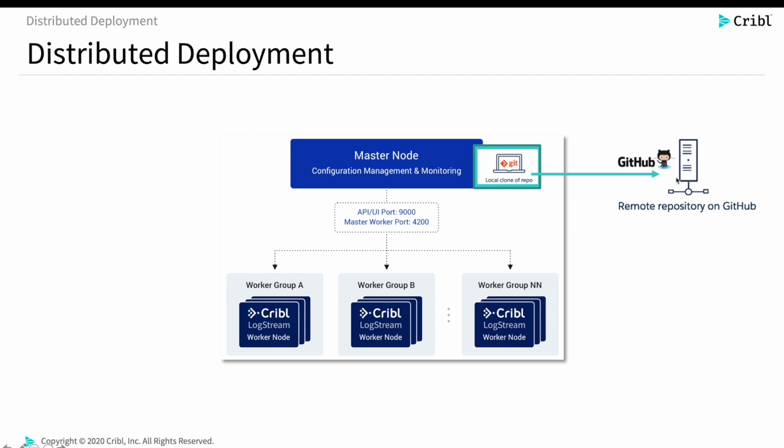And once all the configurations are stored in the remote GitHub, we can then reverse the error and recover and restart a master node with all the configurations from the remote repository. And so with that, let's start and talk about the details on how to do this type of recovery.